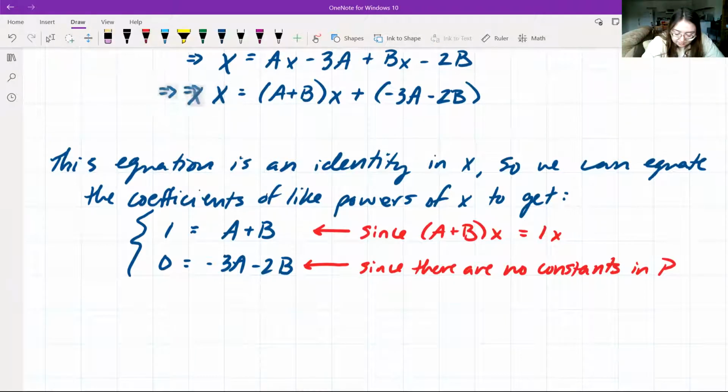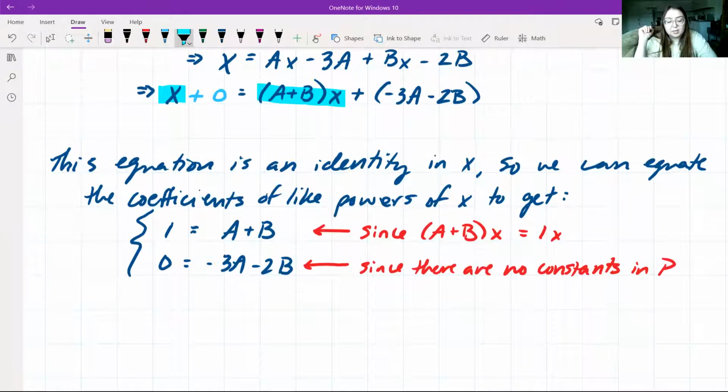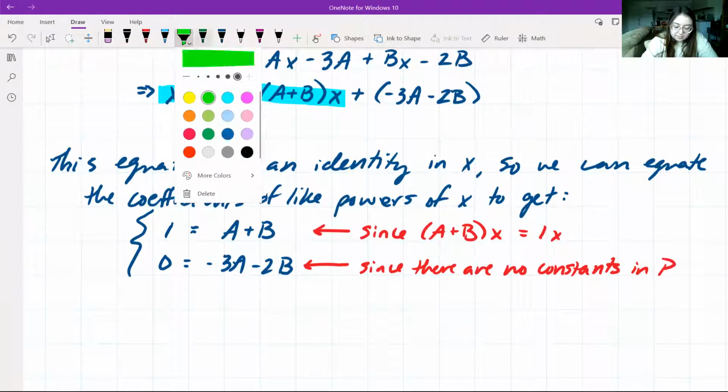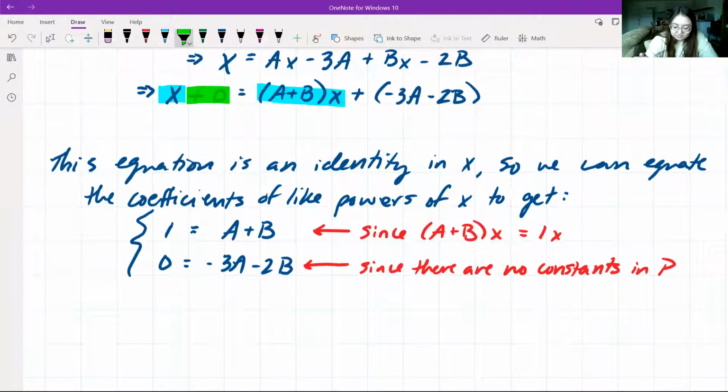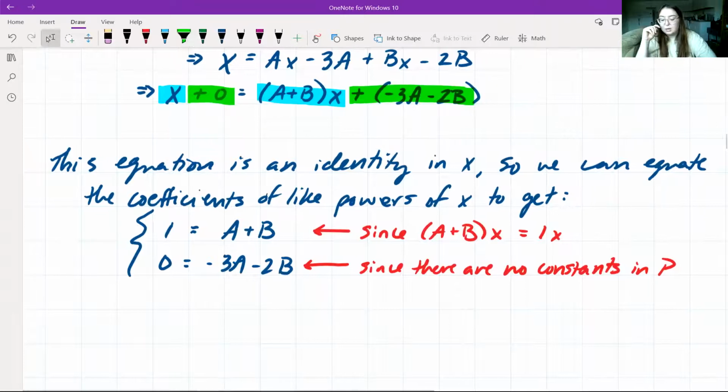So before, when we wrote this, this is technically x plus 0. So what we're stating here is that x has to be equal to a plus b times x, and plus 0, bad color, let's write this like that, plus 0 has to be equal to plus negative 3a minus 2b.